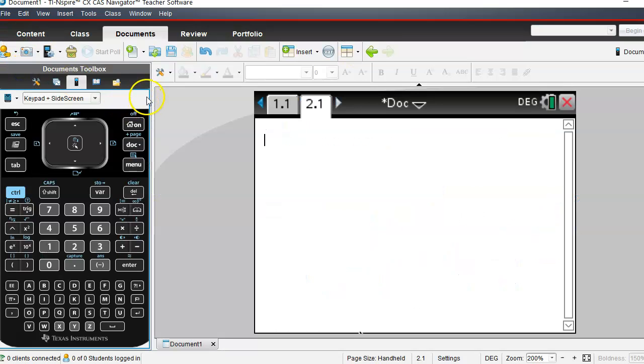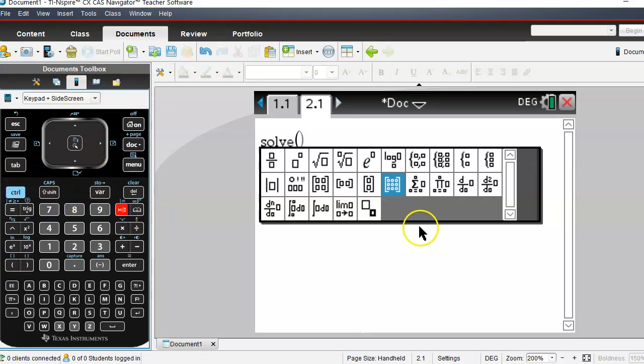I'm going to do a solve. That might be the easiest way. There's a couple of ways I could have done this, but let's see how we go with the solve.